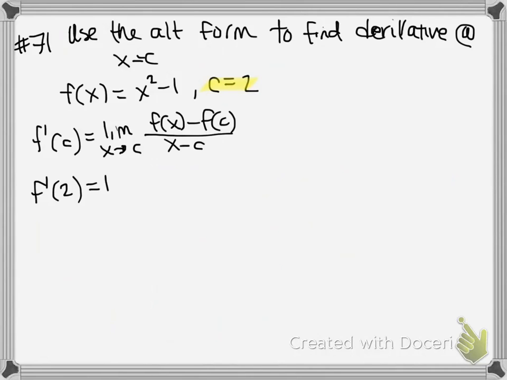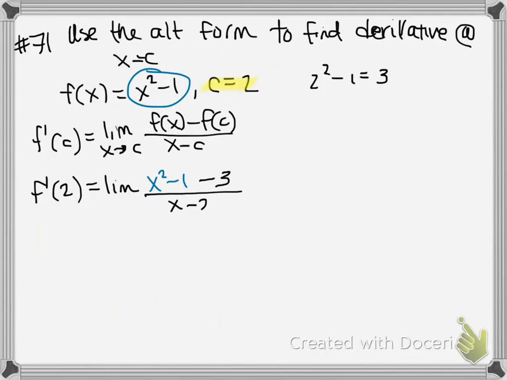So I'm going to take the limit of f of x. F of x is, I see right here, x squared minus 1. And then minus f of c. Well, if I plug in 2 in here, I get 2 squared minus 1, which is 3. So minus 3 all over x minus 2 as x approaches 2.